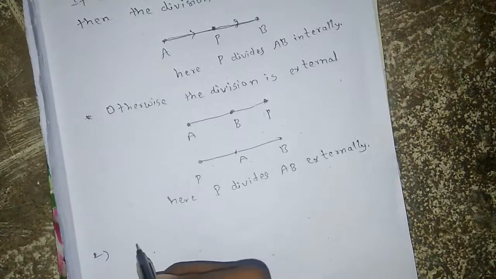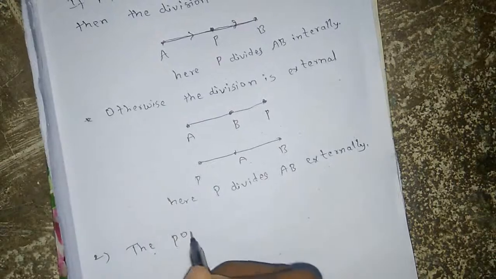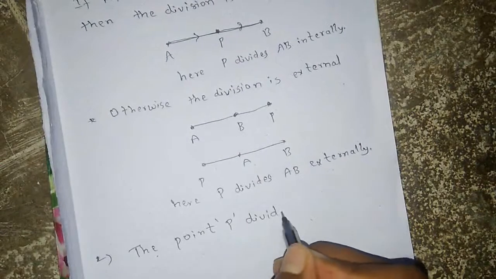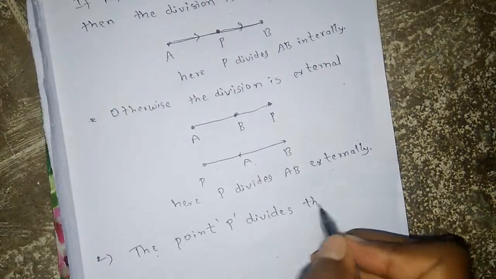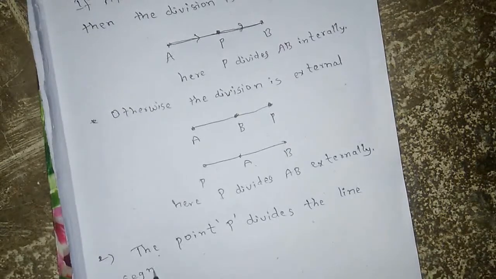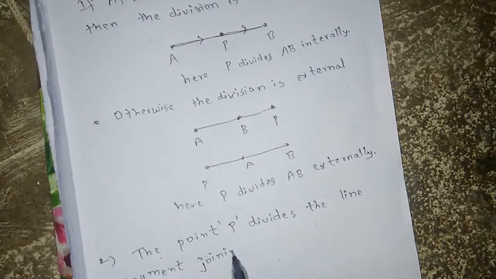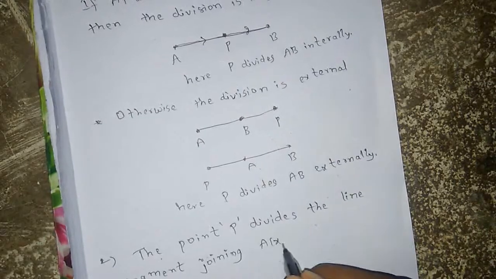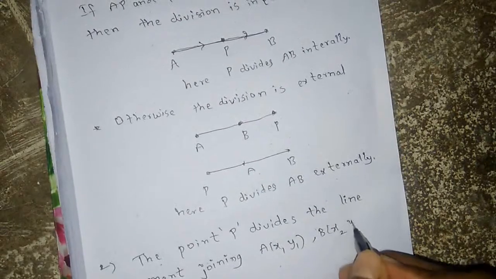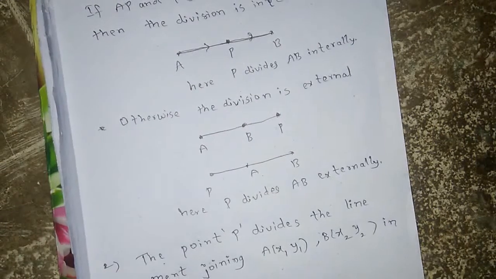Next, the point P divides the line segment joining A(x1, y1), B(x2, y2) in the ratio m is to n.